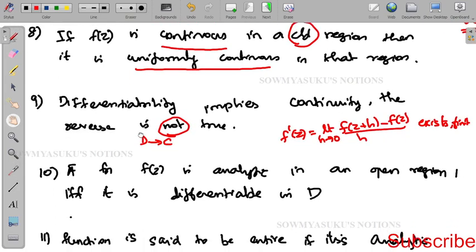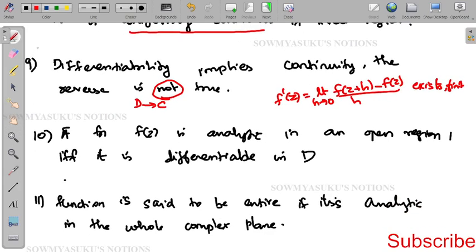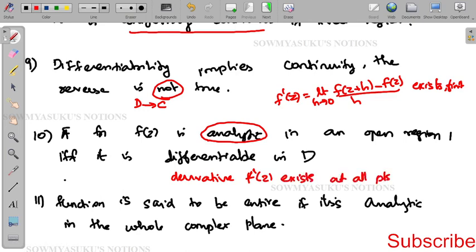Then we can see the 10th one, a function f(z) is analytic. The condition for analytic is that the derivative exists: a function whose derivative f dash of z exists at all points of the region is said to be analytic.